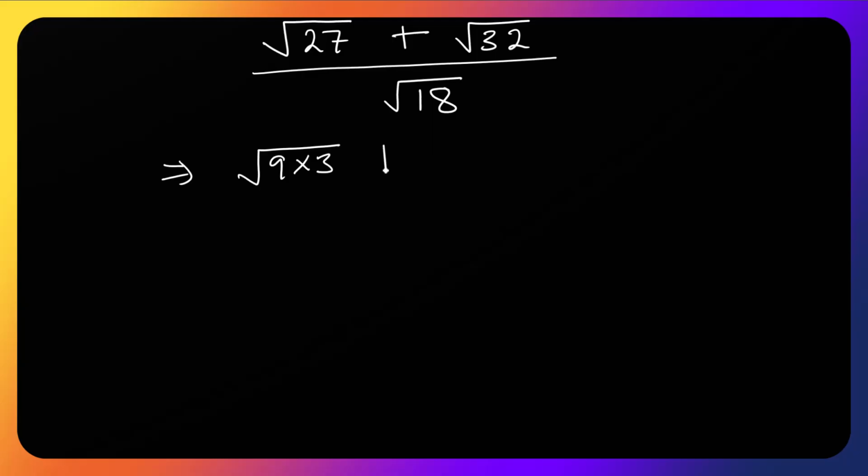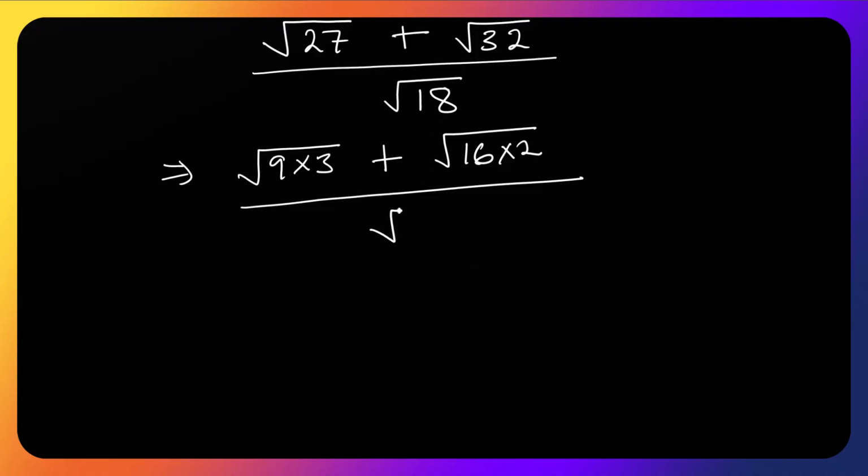Okay, so this side will be 16 times 2. 16 is a perfect square, and 9 to 18, 9 is a perfect square.